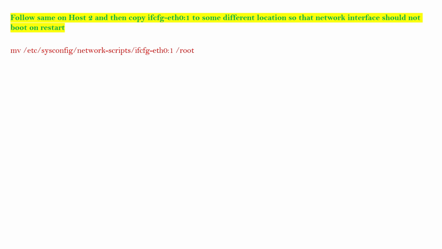We will not keep it inside etc/sysconfig/network-scripts, so that this virtual IP should not get started on host 2 as well, because it is already running on host 1. We are going to start this manually only when we migrate our admin server from host 1 to host 2.